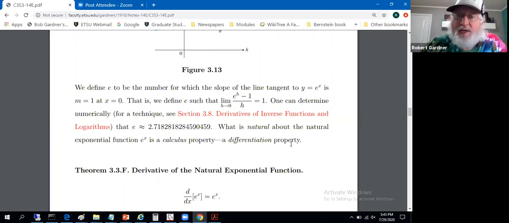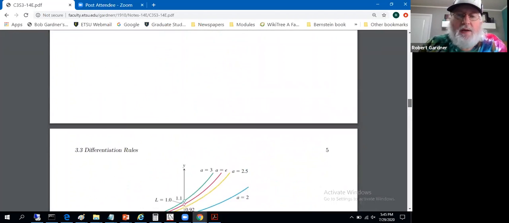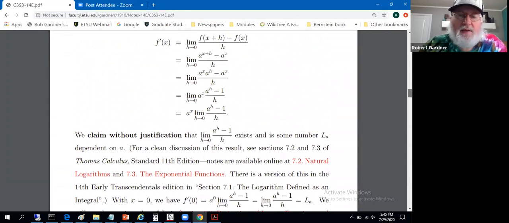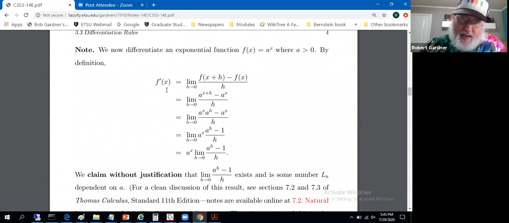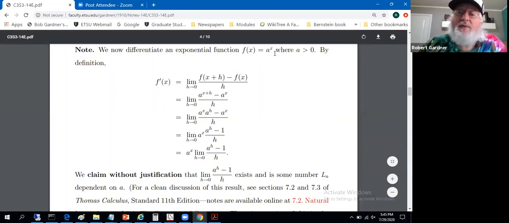It's a differentiation property. And remember, we chose that number e, scrolling back a little bit, such that if we take f of x to be e to the x, then f prime of x is e to the x times this limit. And when a equals e, we said that limit's 1.